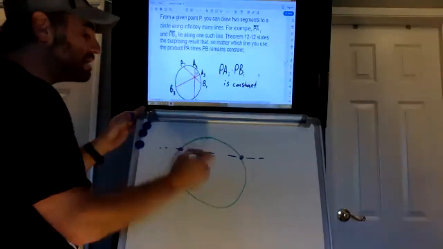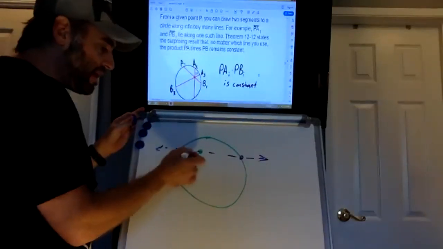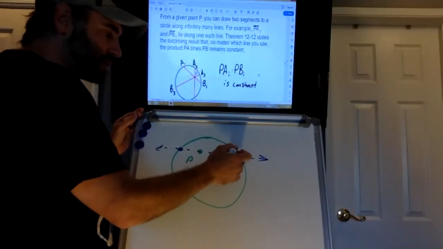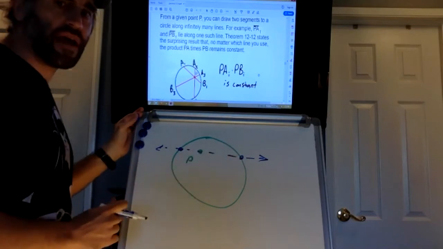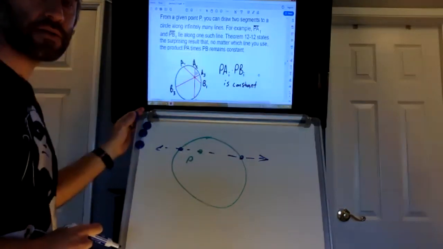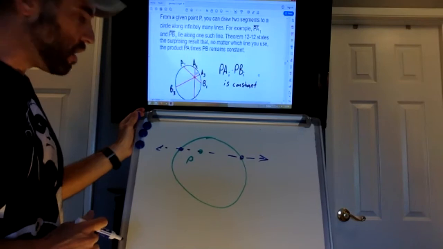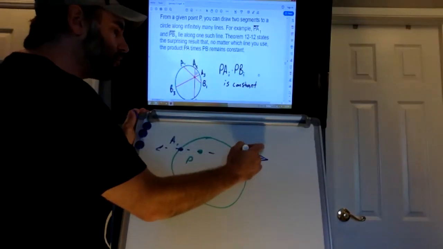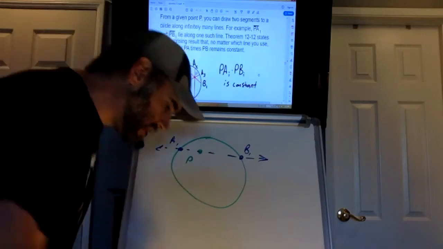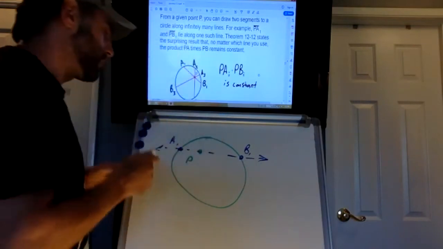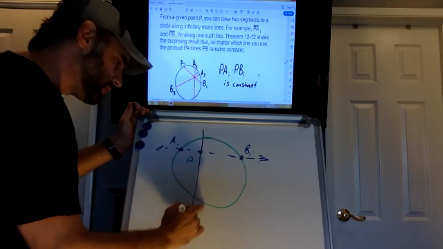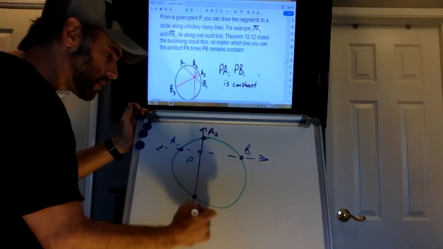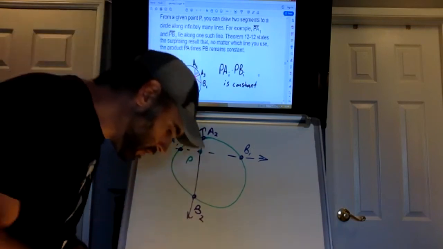If I draw a line through P, it must intersect, sometimes, always, or never intersect the circle at 2 points? Always. So we're going to call that, in the first case, A1, B1. In some other case, in a different color, we can call it A2 and B2. And maybe one more, doesn't matter.